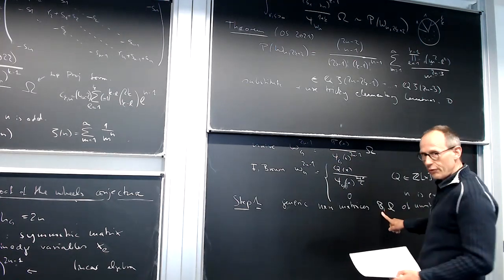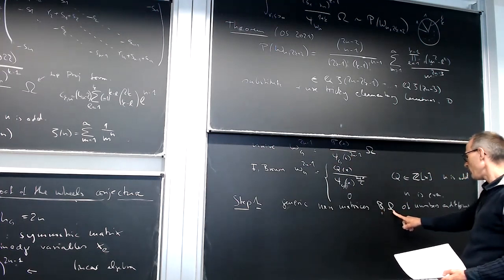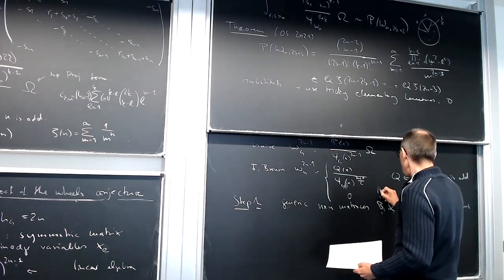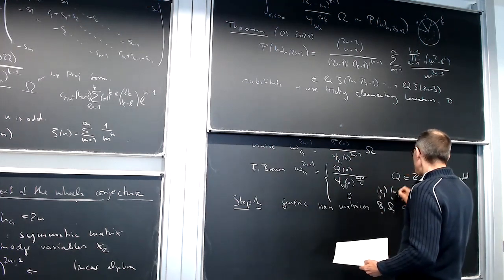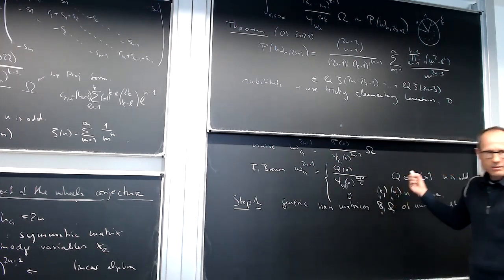So B will be numbers and omega will be one forms. And the B will be Bij and the omega will be omega ij. And these are just general variables.